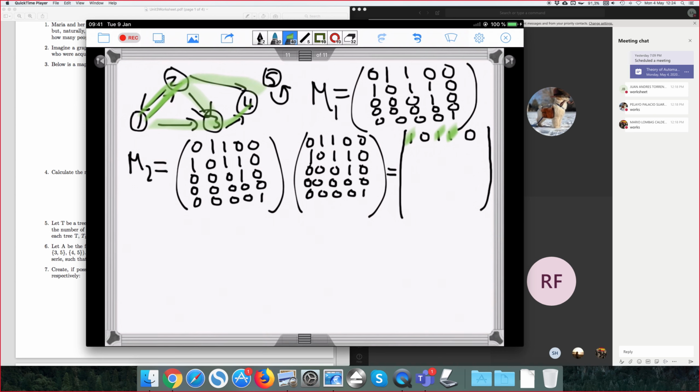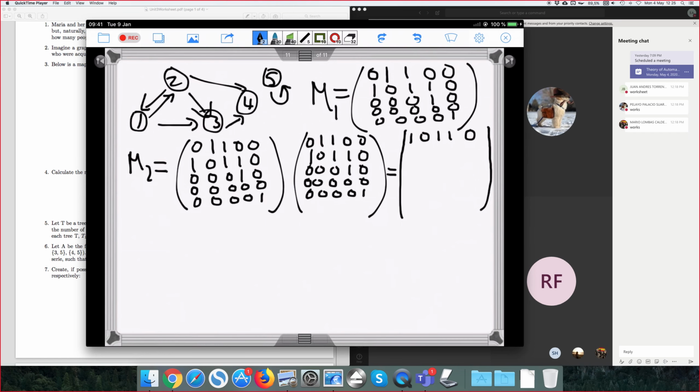And that's why we had 2 ones here that added gave us 1. If we were computing this multiplication with integer numbers, we would have obtained 2 here, because there are 2 paths of length 2 from 1 to 4. But we are focusing now on the binary matrix, on the Boolean matrix, and then we perform Boolean operations.